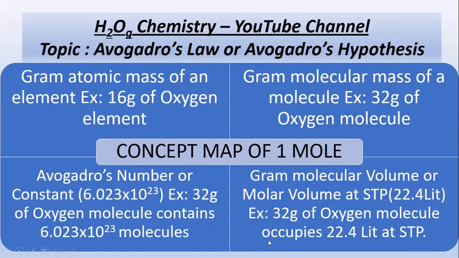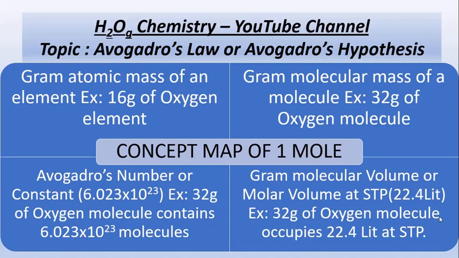So for any gas, if you take the gram molecular mass and fill it in a container, you have to weigh 32 grams of oxygen in a particular electronic balance. And if you transfer that content into a particular vessel, it exactly occupies 22.4 liters at standard temperature and pressure.